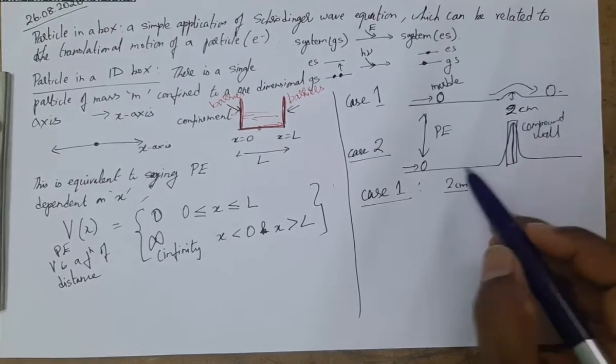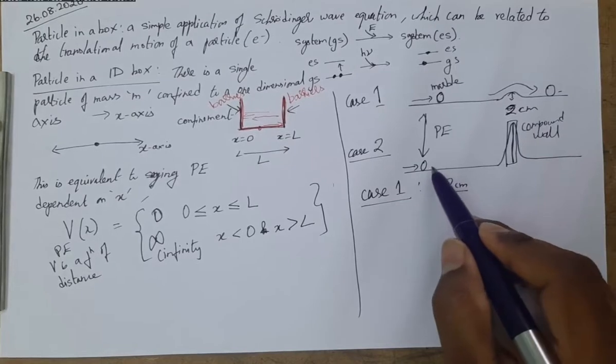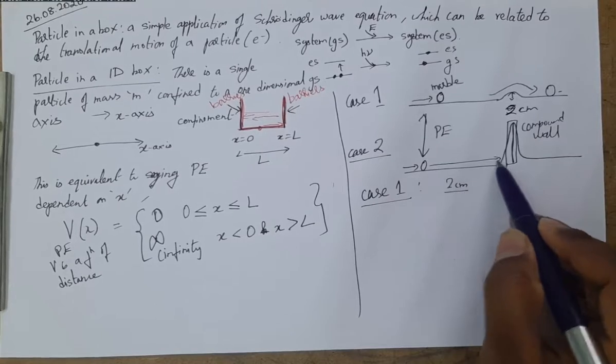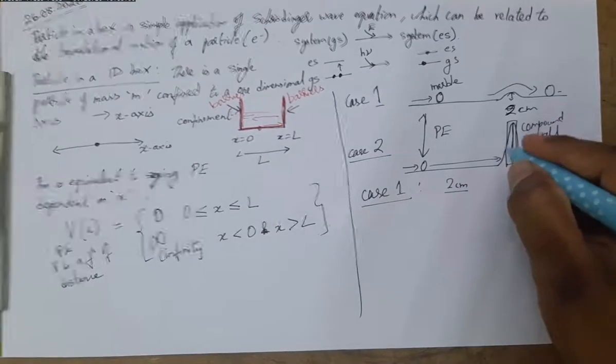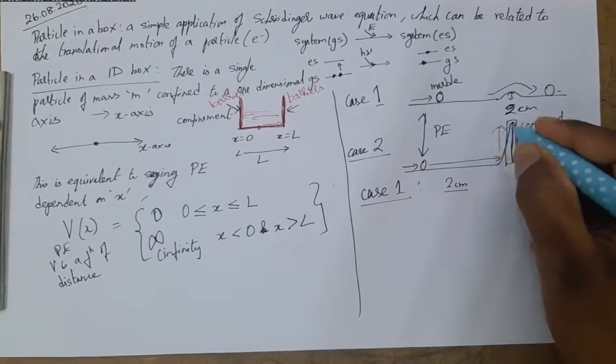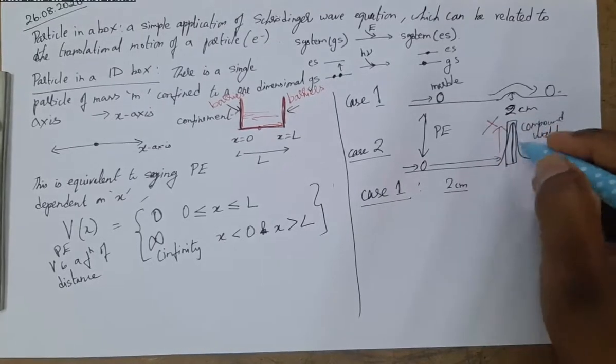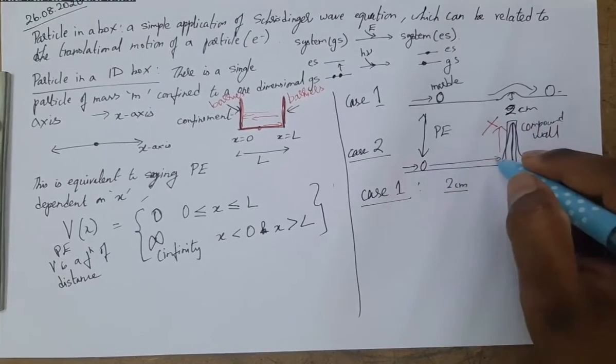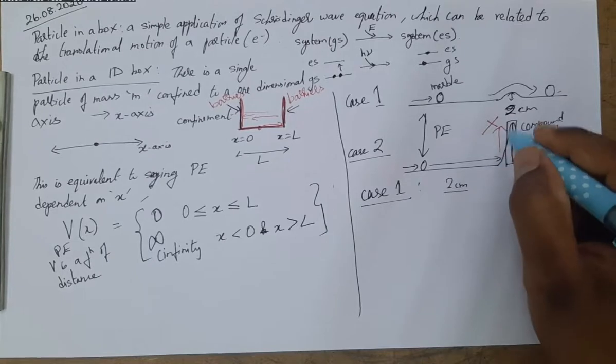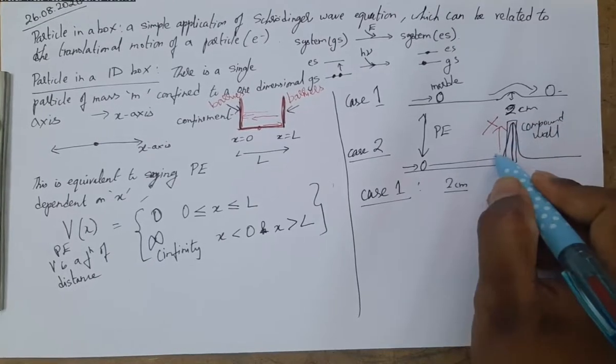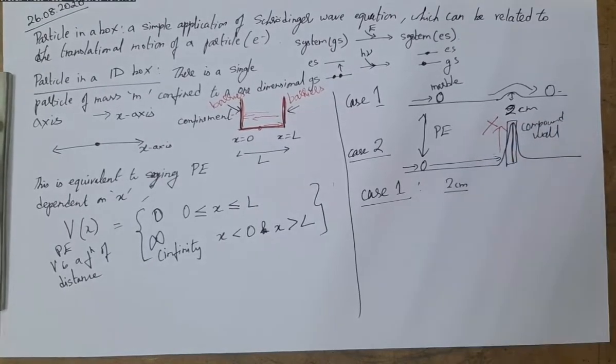Whereas in the second case, the marble will hit the wall, and it is very likely that it won't cross this barrier. Because the wall is so high, no matter what energy you give, practically it is not going to go up. So it has to come back. So that's case 2.